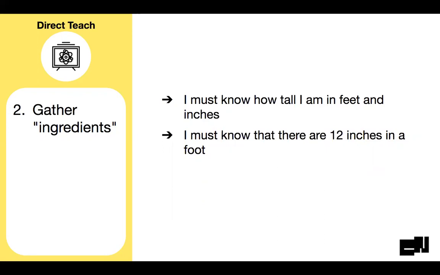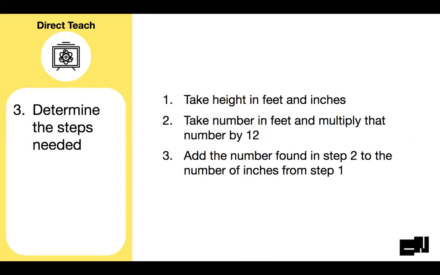So if you're 5'8", 5'2", 6'2", 5'5", okay? I need to know that. That's one ingredient. But then the second ingredient I need to know is that there are 12 inches in a foot, right? I need to know that conversion rate. So these are the ingredients that I'm gathering in order to be able to answer the initial problem. That's step two. I defined the problem, step one. Step two, I figured out what I'm going to need to solve this problem, or my ingredients.